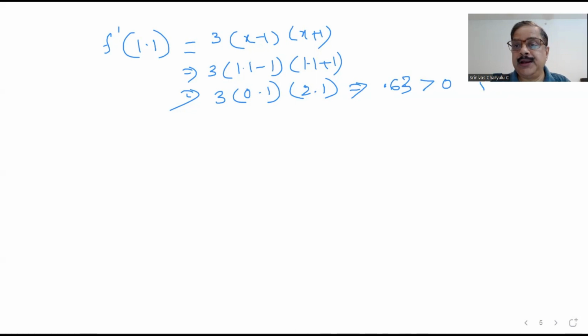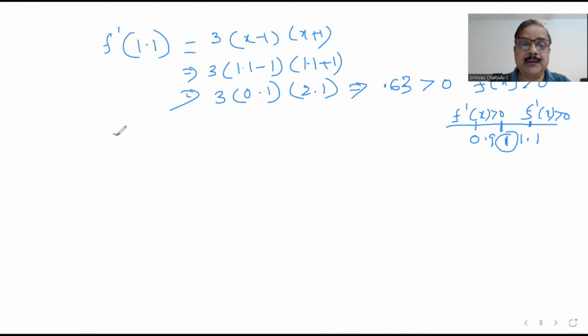So here also f dash x is greater than 0. That means when we travel in the neighborhood of 1, 0.9 and 1.1, the sign of f dash x is greater than 0 in both cases.